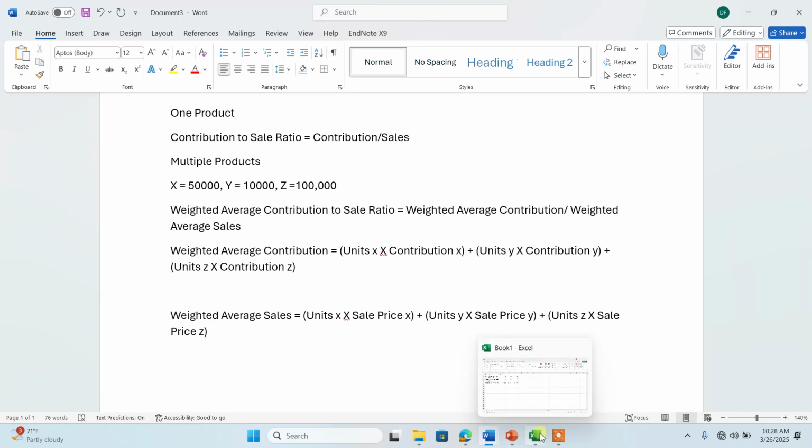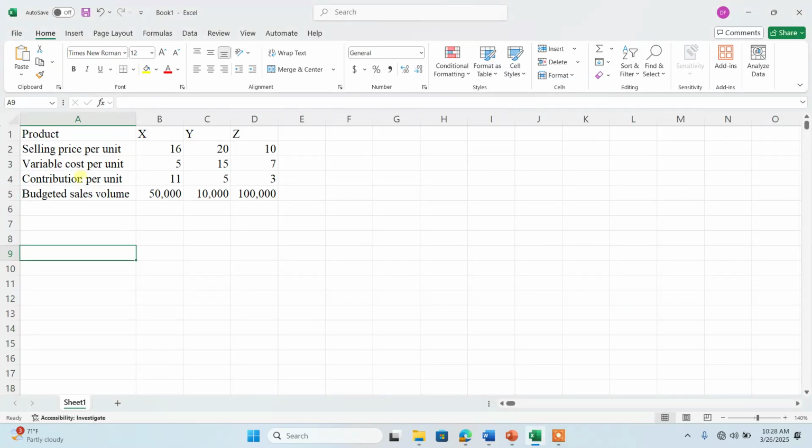Let me do it in MS Excel. I have already written the data. This is the given information. Now, how do we calculate the weighted average contribution?